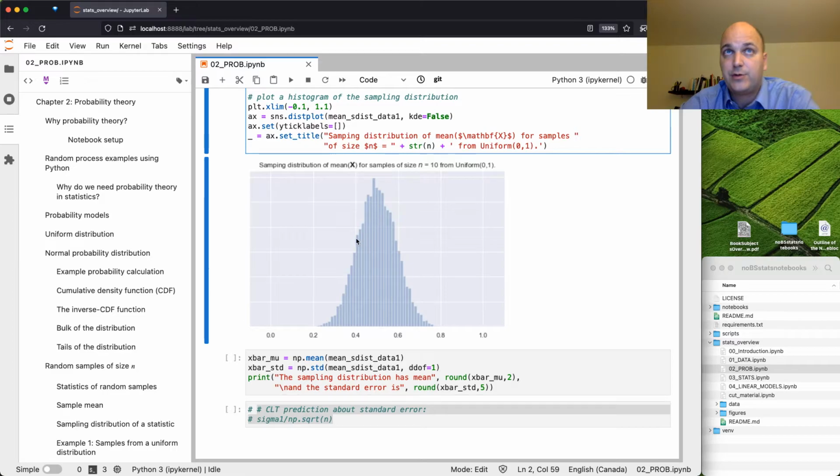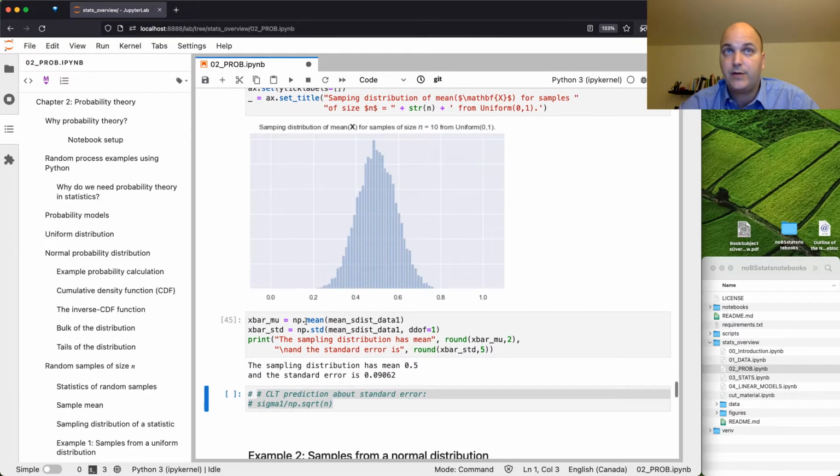And as a little bonus, we can analyze this distribution here. We can find its mean and its standard deviation. Its mean is 0.5, so the center. If you have a uniform distribution, the numbers are equally likely to be on the left or on the right of the middle, so the average will be in the center, 0.5.